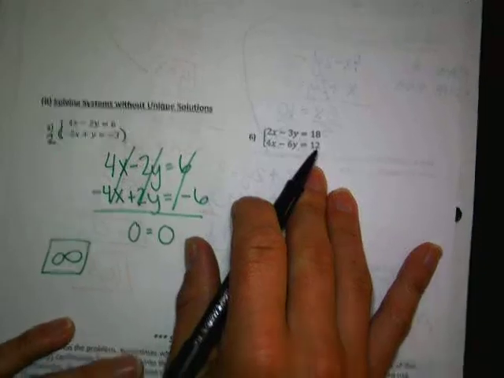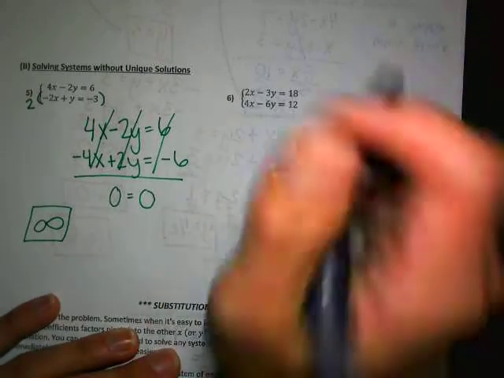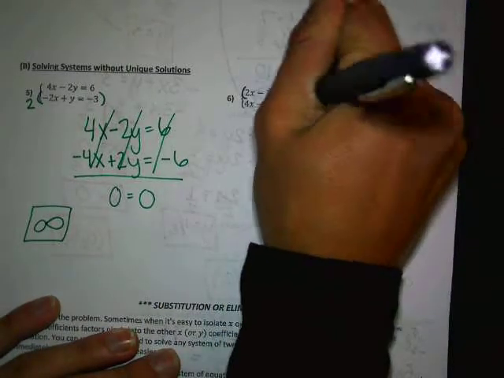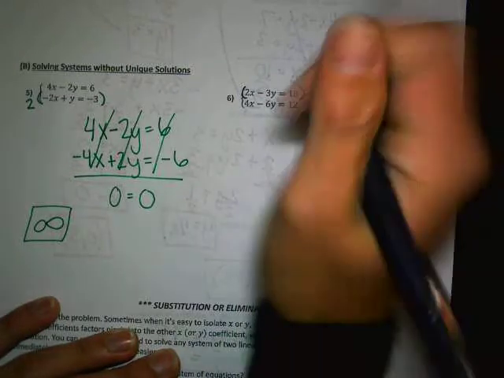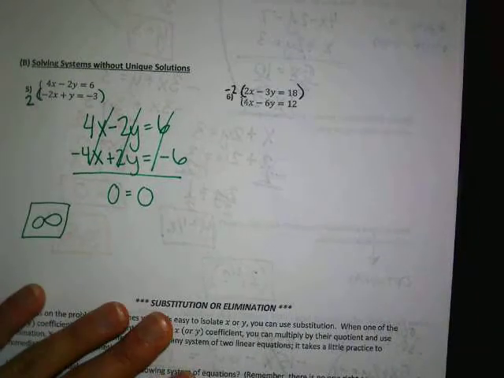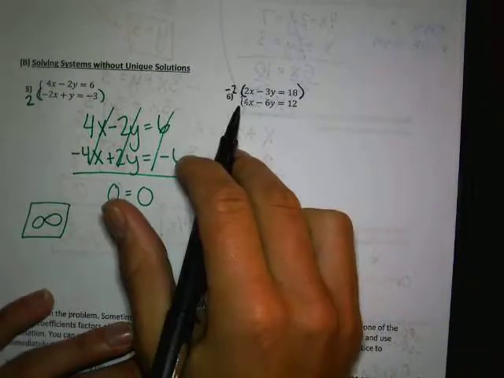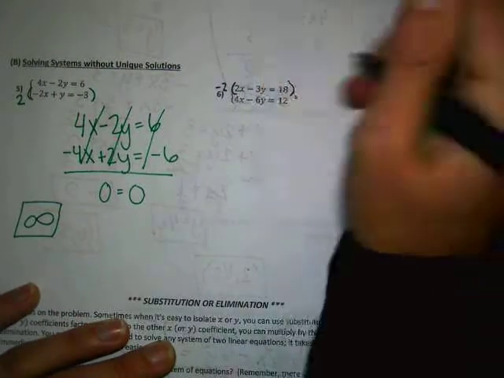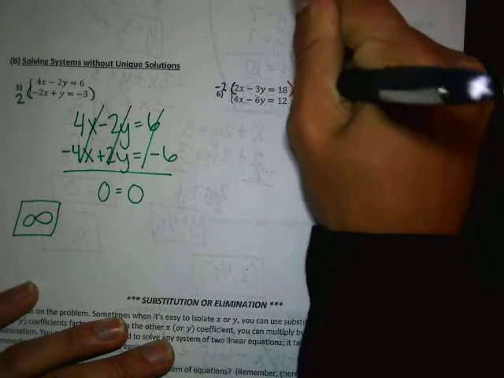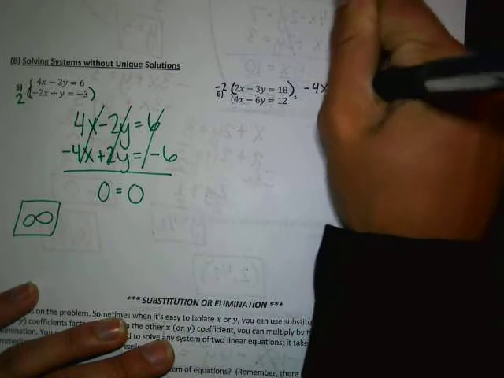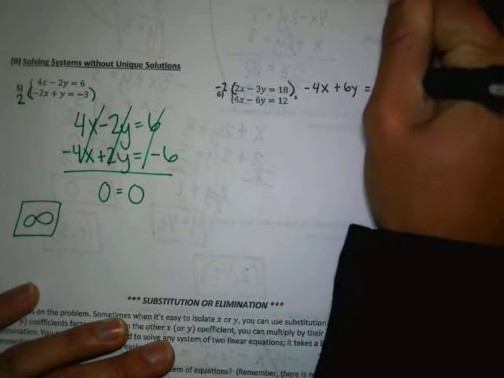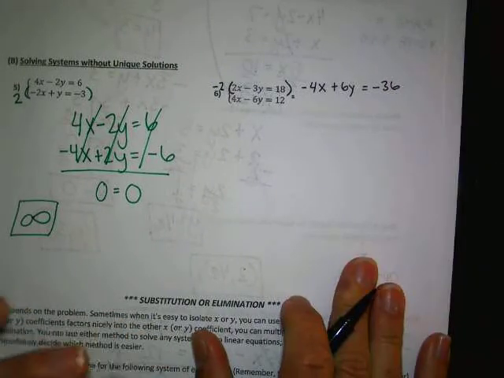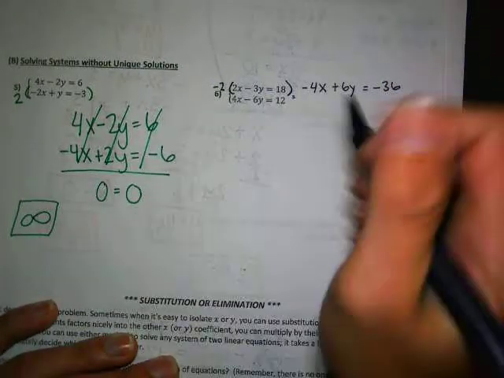All right, on number 6, if I want to eliminate x, and Kanai told me she's going to multiply the top one by negative 2. Has to be negative because I need different signs, so they eliminate. So on the top one, negative 4x plus 6y equals negative 36. The second one is going to stay the same.